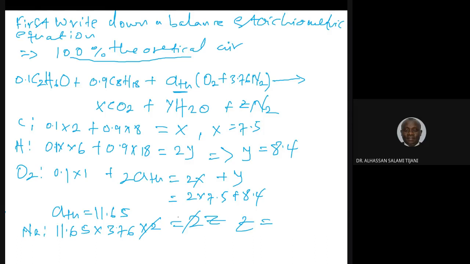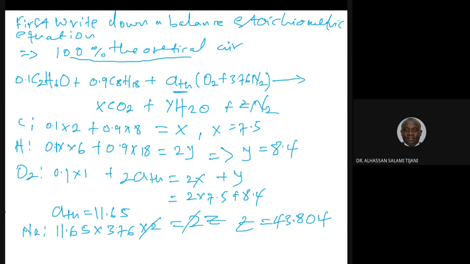Okay, so now it's compared. We have 43.804, so approximately 43.80.